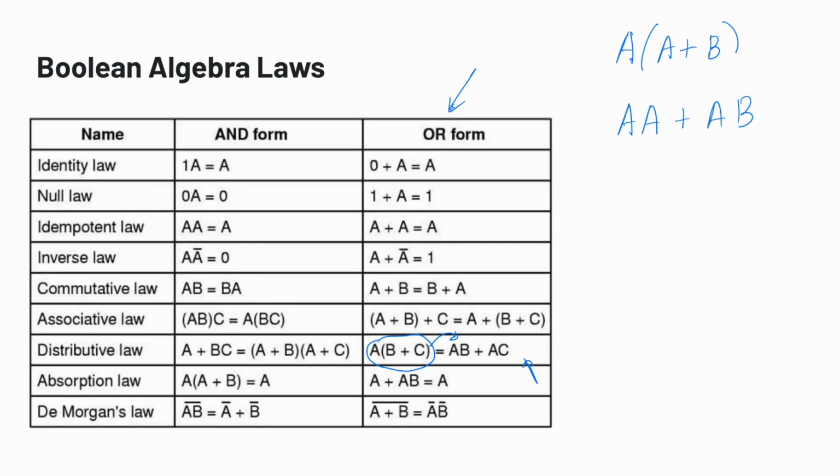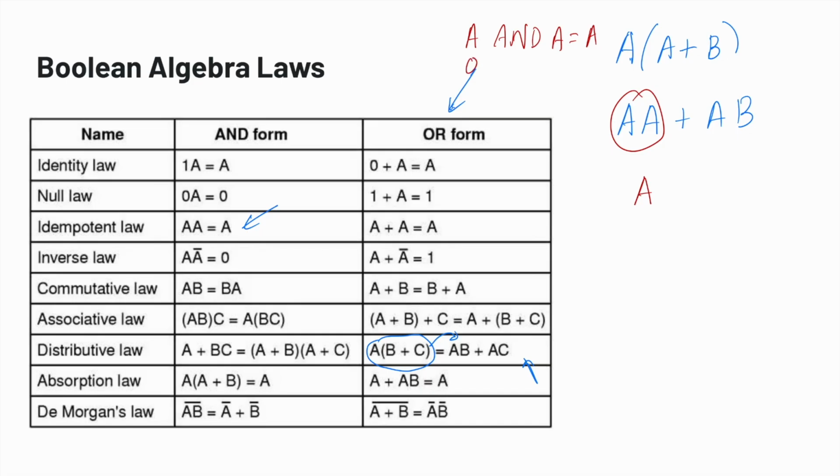And if we look at our idempotent law right here, A and A, because that's what this is, can just turn into A, because these are essentially the same input. So it makes sense that A and A would just give us A. They're going to be the exact same thing.